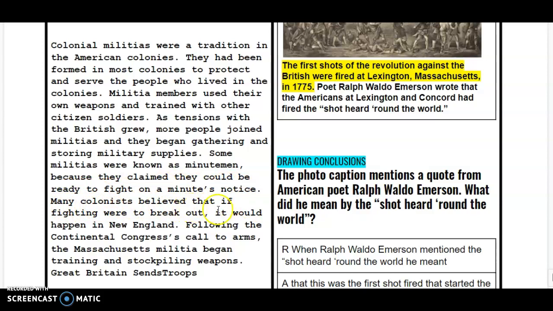Many colonists believed that if fighting were to break out, it would happen in New England. Remember the different colonies of the 13 colonies, and you had the New England colonies, so that's where fighting would break out. Following the Continental Congress's call to arms, the Massachusetts militia began training and stockpiling weapons.